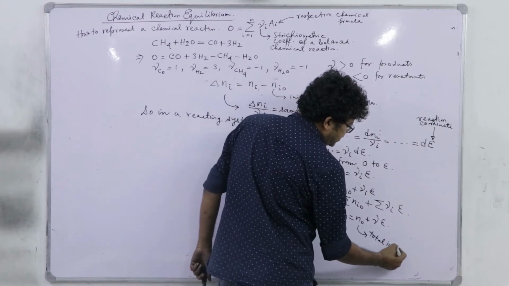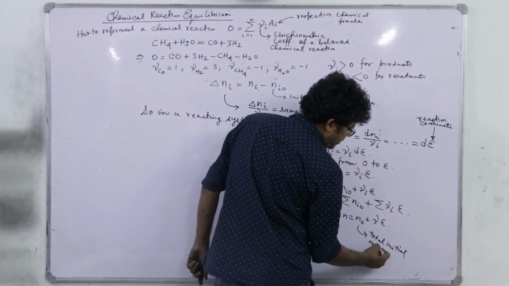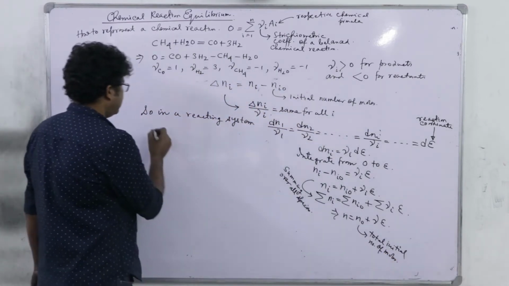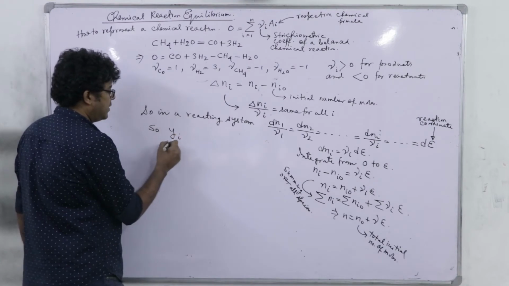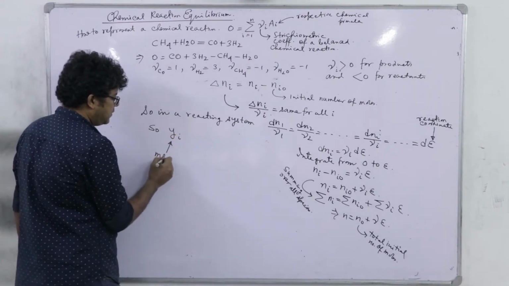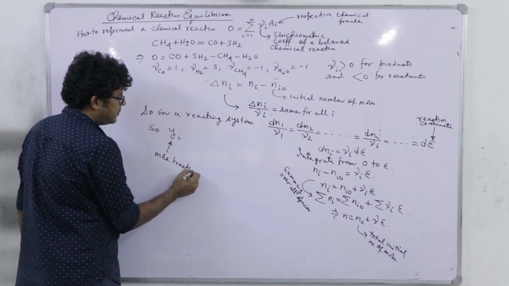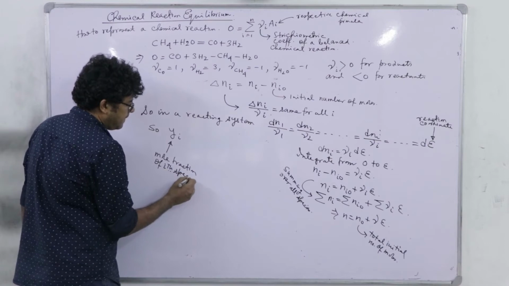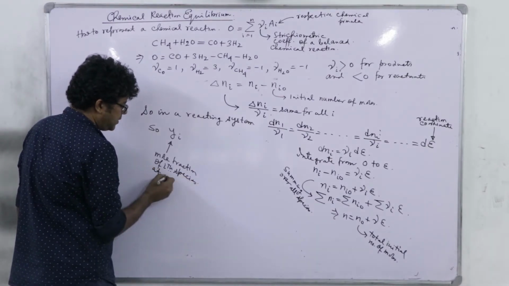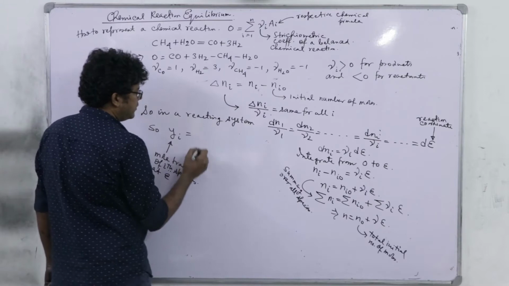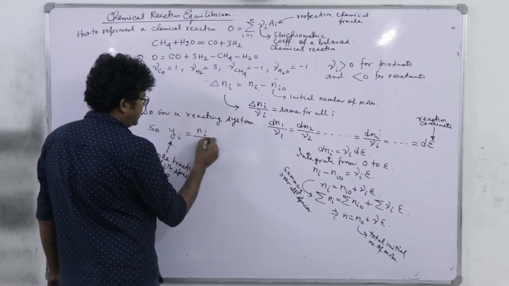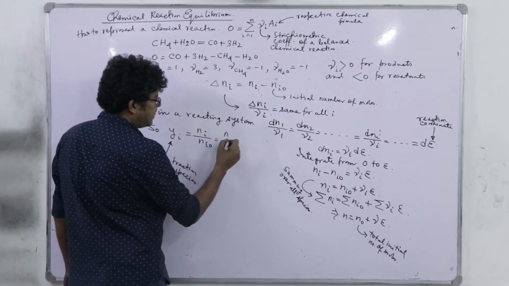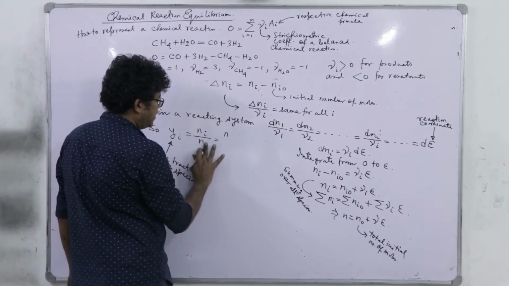Now, what is yi? yi is the mole fraction of the ith species at epsilon. So, this will be ni by n.